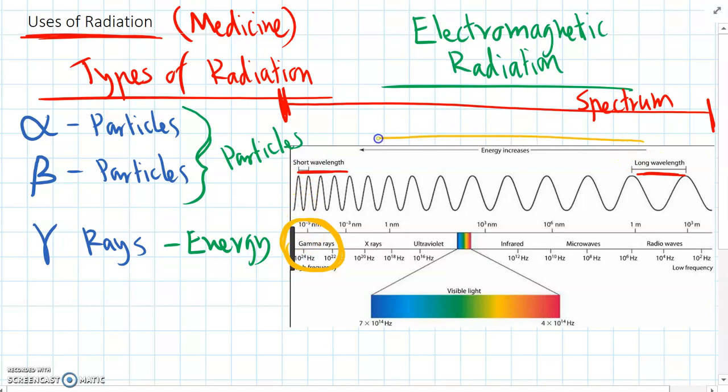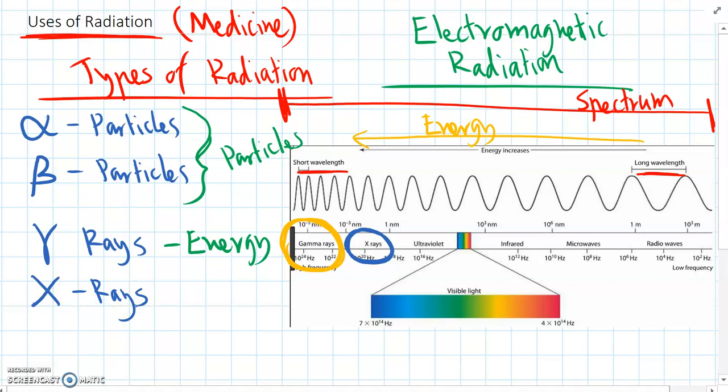And we can also see along the top that the energy increases as the wavelength gets shorter. So gamma rays are really high energy types of radiation. And if we go up a little bit to the longer wavelength section, we've got X-rays as well.